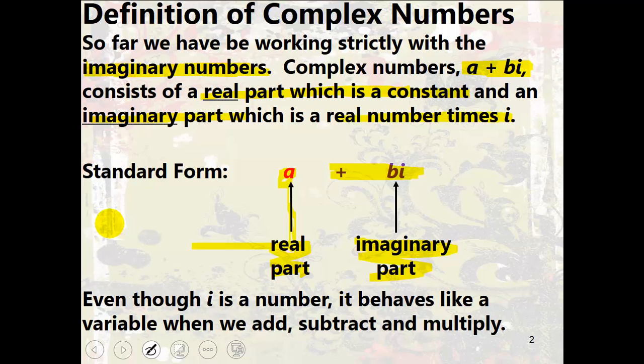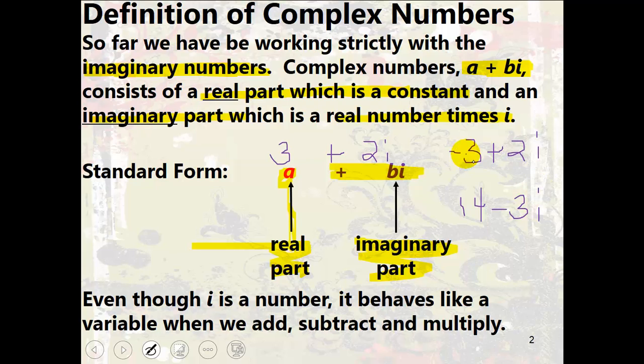So these complex numbers look something like 3 plus 2i. It can even look like negative 3 plus 2i, or 14 minus 3i. All right? The constant is the real part.